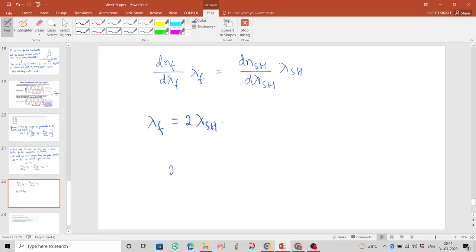We will get 2 dnf by d lambda f, with 2 times lambda sh instead of lambda f, equal to dnsh by d lambda sh. Lambda sh will get cancelled on both sides. That is, the rate of change of refractive index with respect to the wavelength of the second harmonic should be twice that of the fundamental.